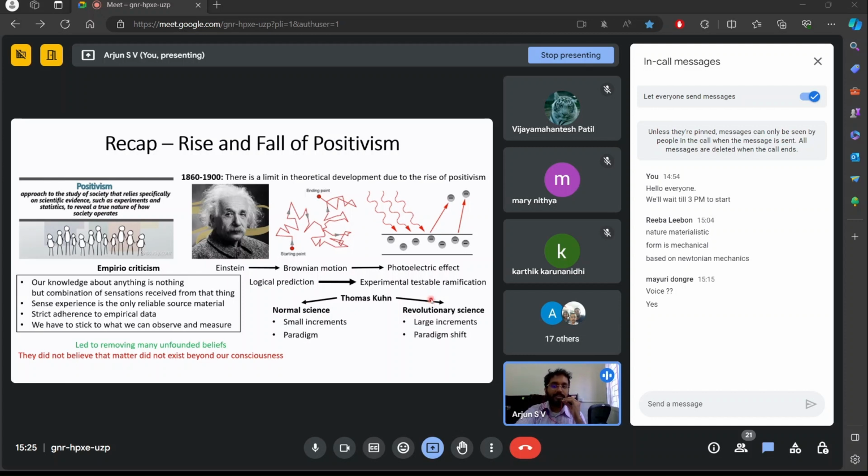Normal science is often called a paradigm, whereas revolutionary science is often called a paradigm shift. We can also check some of Thomas Kuhn's interviews and testaments on YouTube, which deal with paradigm shift. In fact, he is a very well-known, renowned historian for discussing the paradigm shift in science.